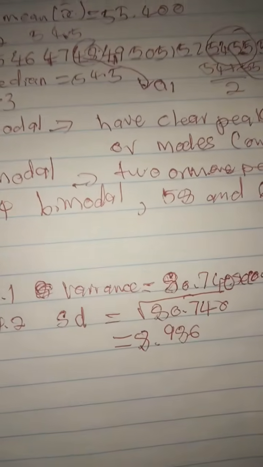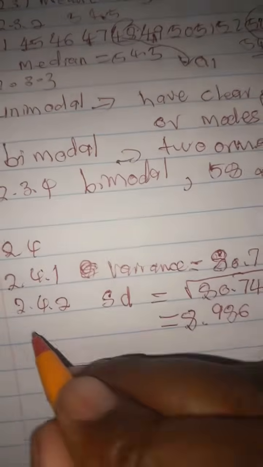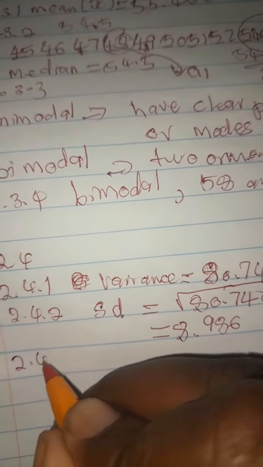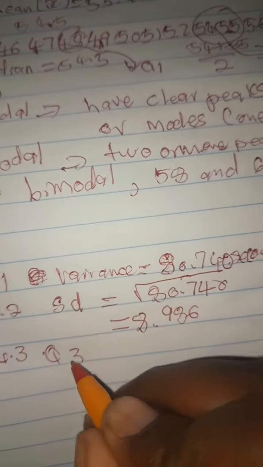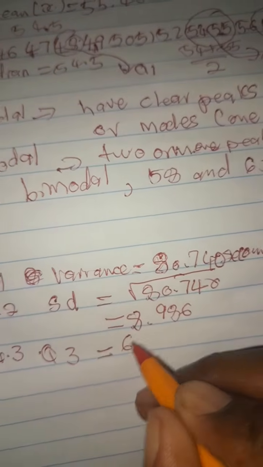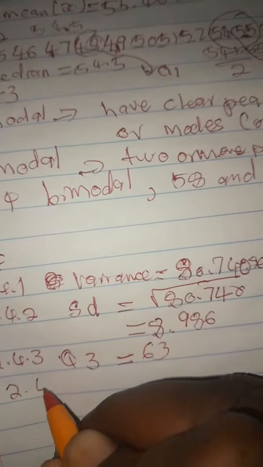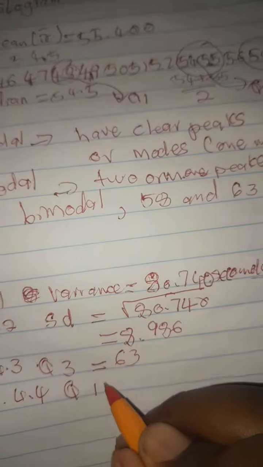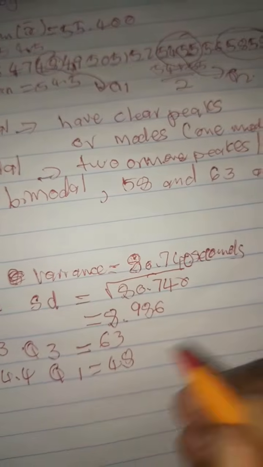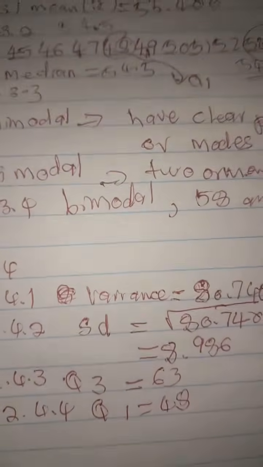So the answers: at 2.4.3, the upper quartile, which is Q3, will be 63. At 2.4.4, the lower quartile will be 48, just as we have calculated. Then we go to 2.4.5, where they want us to calculate the interquartile range.